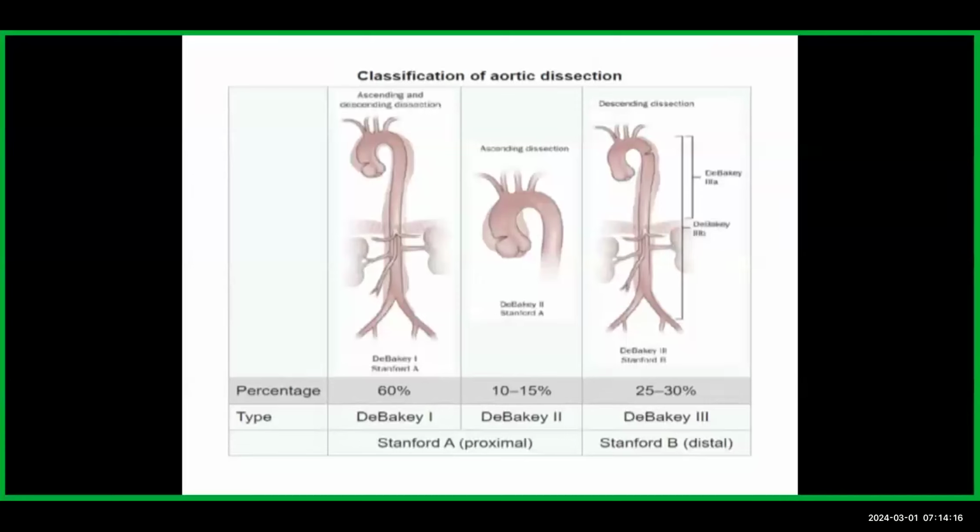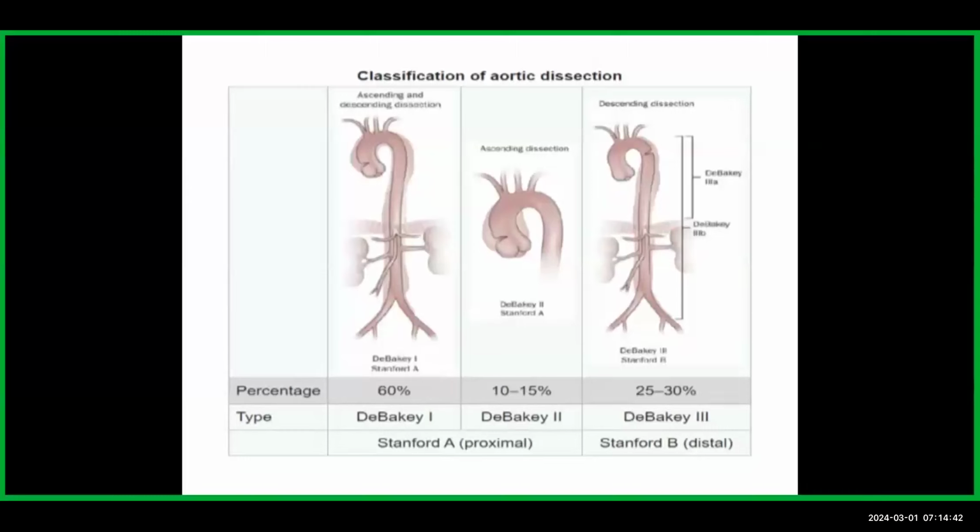So Stanford type A comprises DeBakey 1 and 2. DeBakey 1 is the most common, about 60%, and this involves the ascending aorta, with or without the aortic arch.